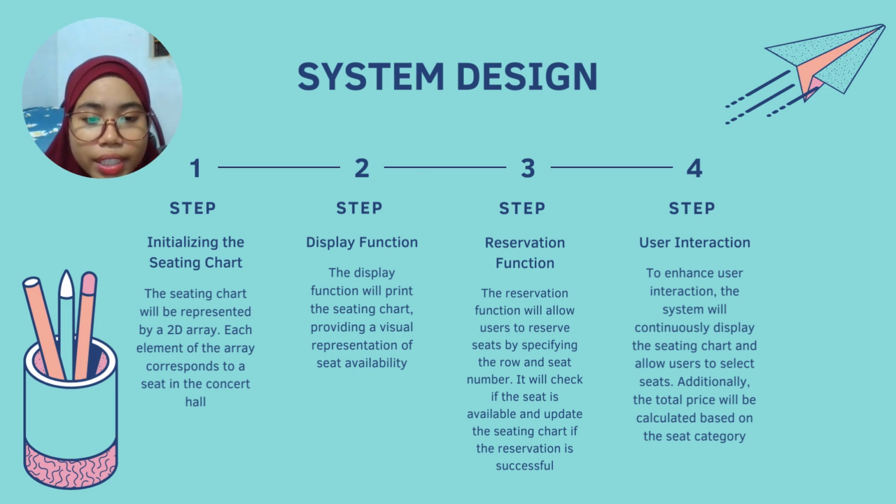To enhance user interaction, the system will continuously display the seating chart and allow users to select the seat. The system will show the total price, calculated based on the seat category that the user chooses.